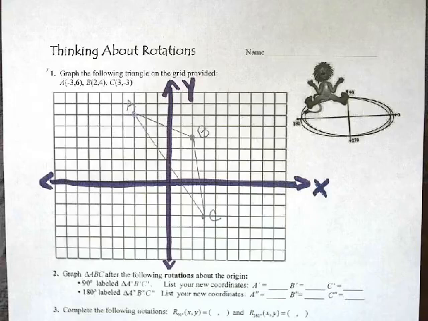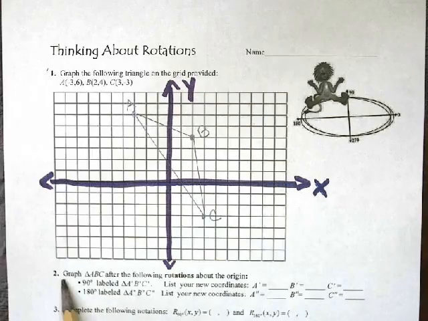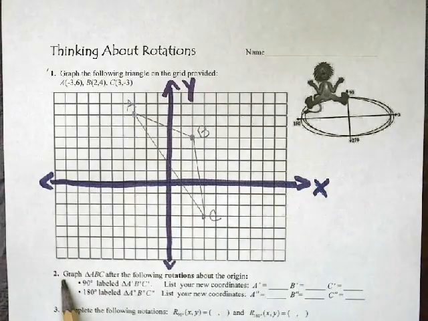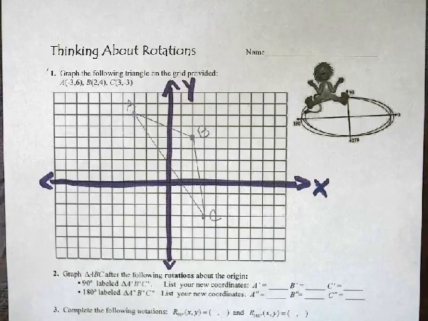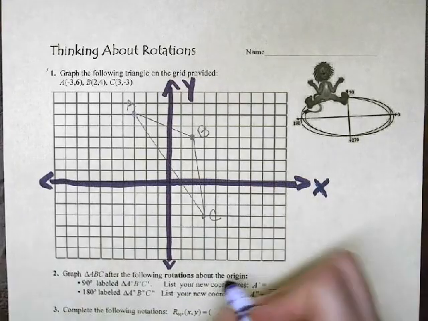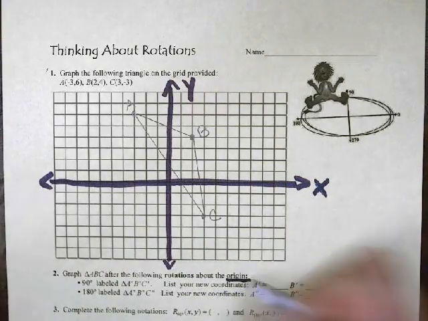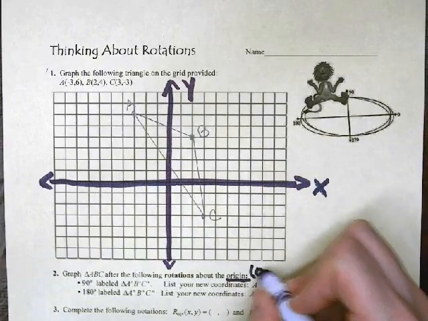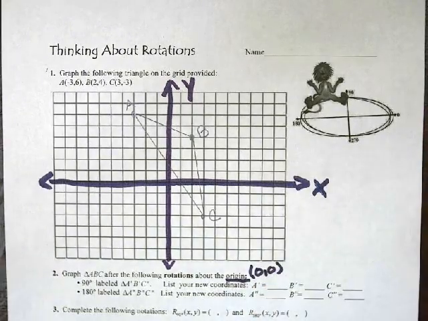So now I have our triangle, and they want us to rotate this triangle down in number 2. It says to graph the rotations, and again, it's very important that we understand that the rotation is about the origin. When they say the origin, they're talking about the coordinates 0, 0.